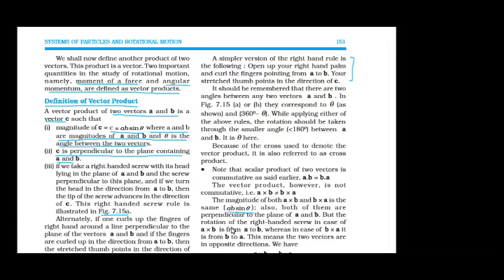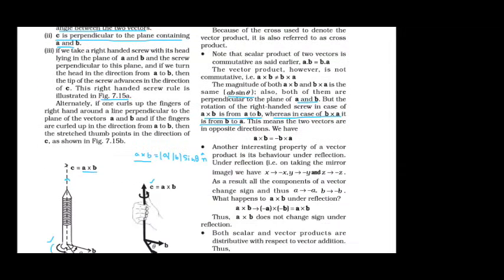But both of them are perpendicular to the plane of A and B. Also, both are perpendicular to vectors A and B. But the rotation of the right hand screw rule in case of A cross B is from A to B, whereas in case of B cross A it is from B to A, which means the two vectors are opposite in direction. So A cross B is equal to minus B cross A.